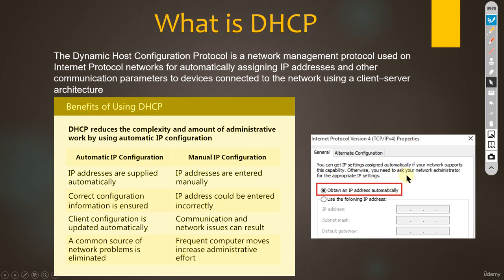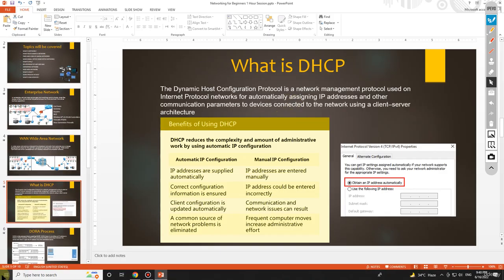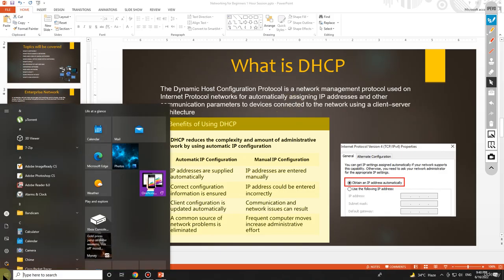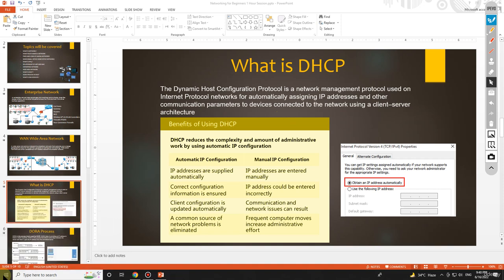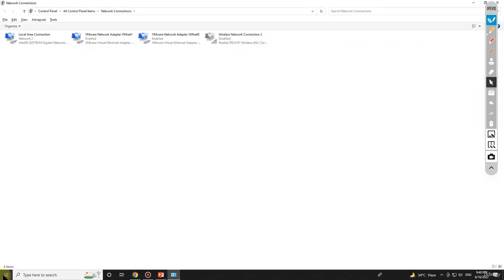At this point, everybody will be familiar with how and from where they are going to see these IPv4 properties or settings. If I can show you, from start, go to run and type ncpa.cpl and hit enter. It will take you to the network connections.